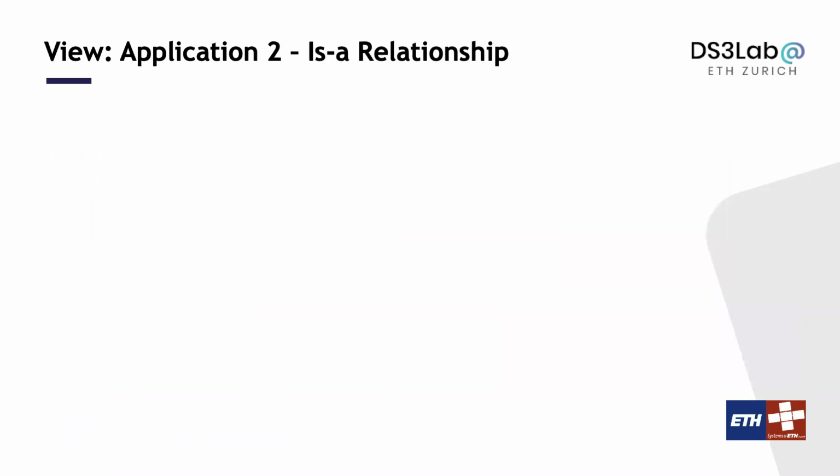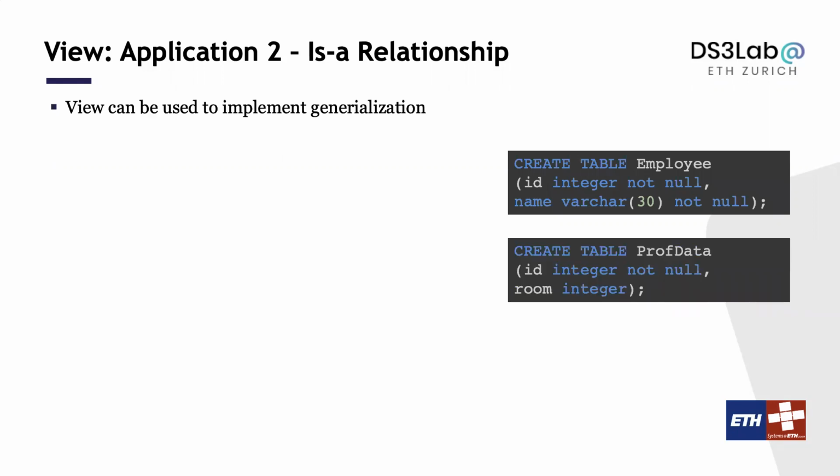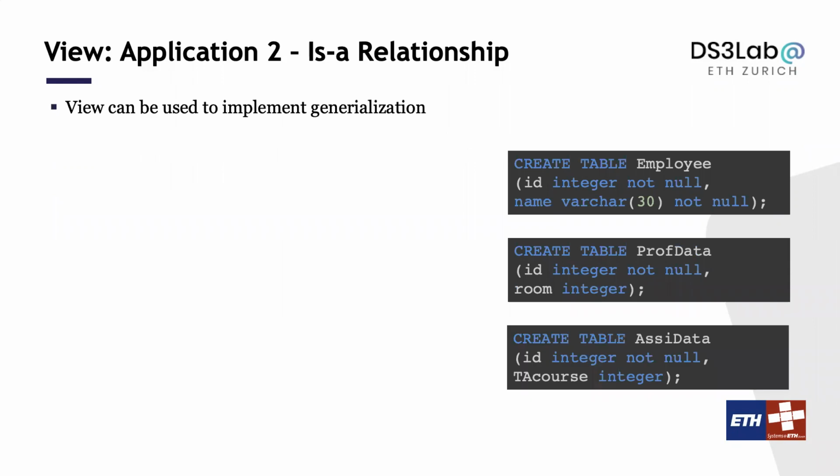The third way of using views is to encode generalization. Assuming that you have employee data, data about professors, and data about assistants, I have all the employees here with ID and name. Some of them are professors, so I put the ID here and the room.